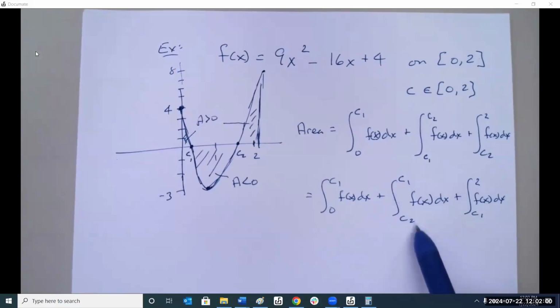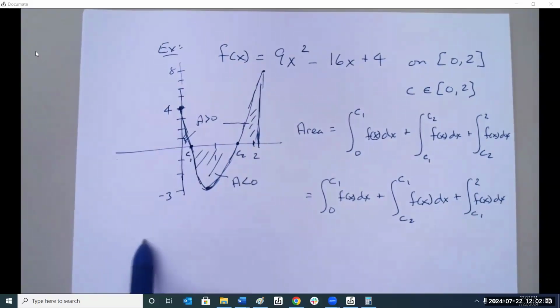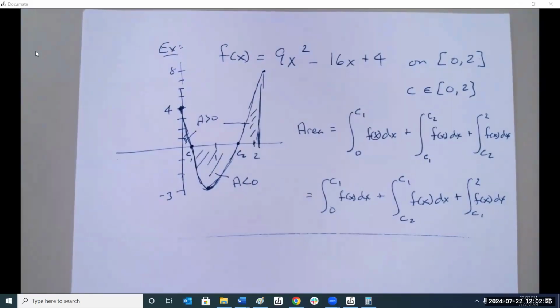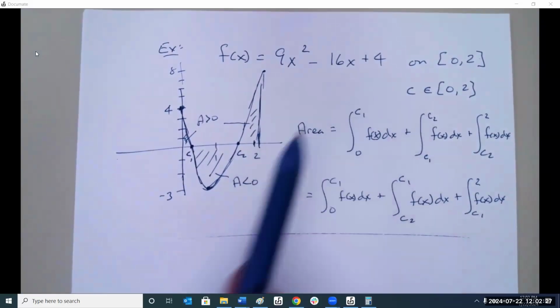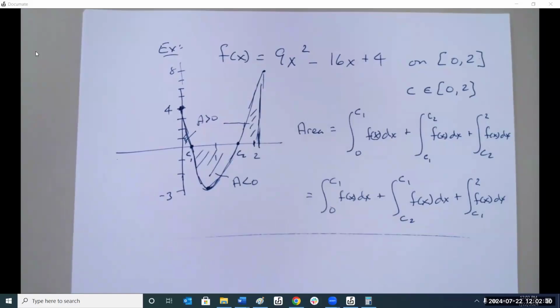By changing the bounds of integration, I've now just changed it to a positive value. And we would add up, but we haven't discussed yet how to find each of those values, so we'll hold up on that.